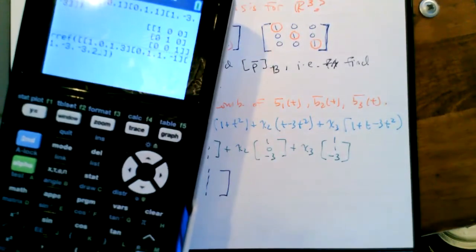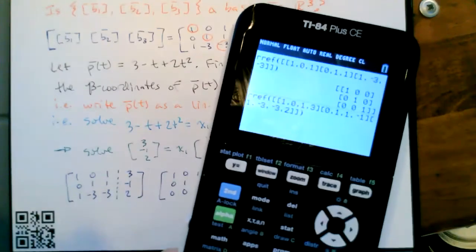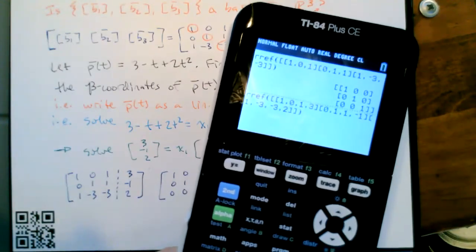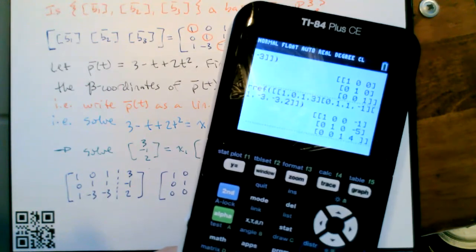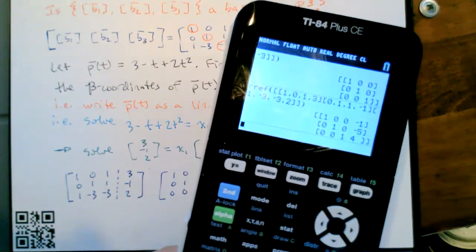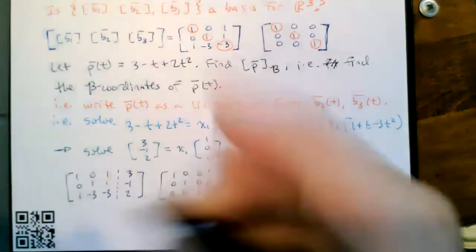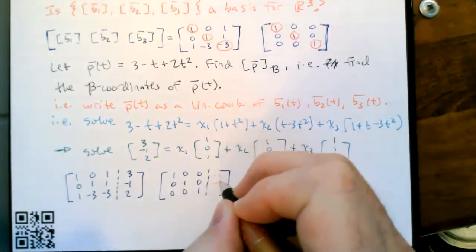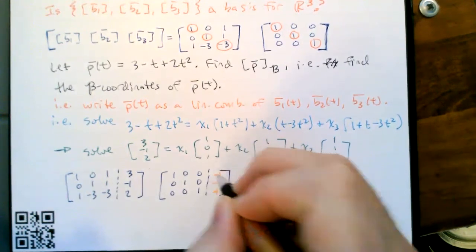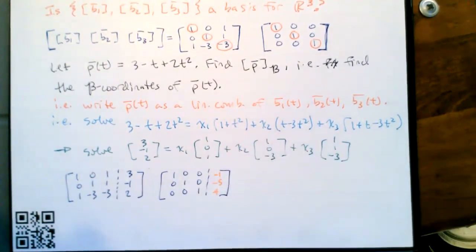So I got 1, 0, 1, 3, 0, 1, 1, -1, 1, -3, -3, 2. And there we go. There are the coordinates, -1, -5, 4. So the coordinates of P relative to this basis B are -1, -5, and 4.